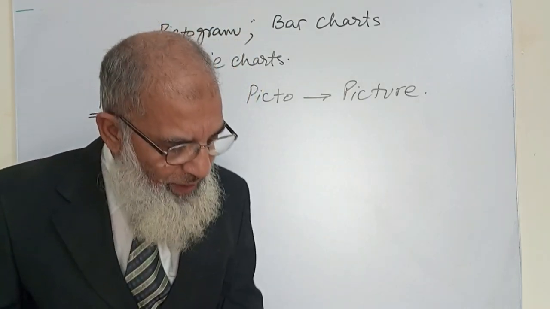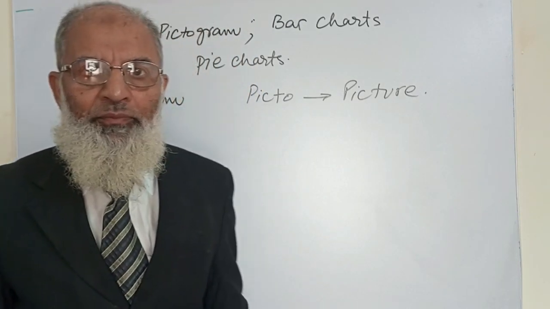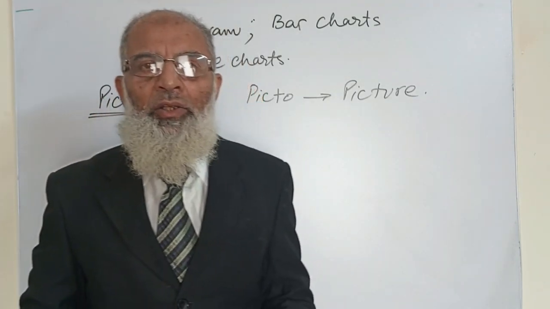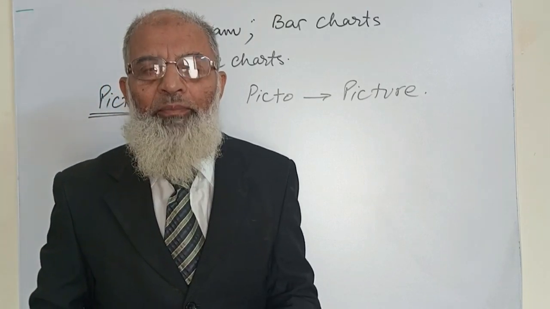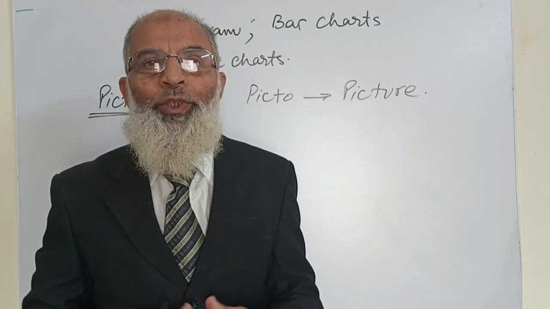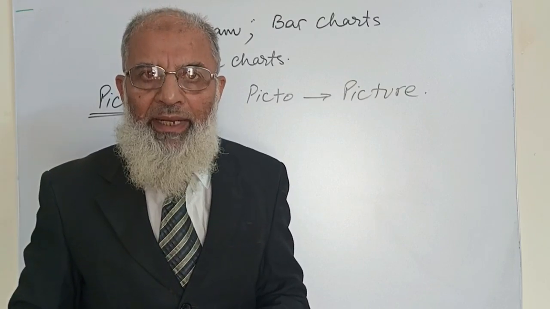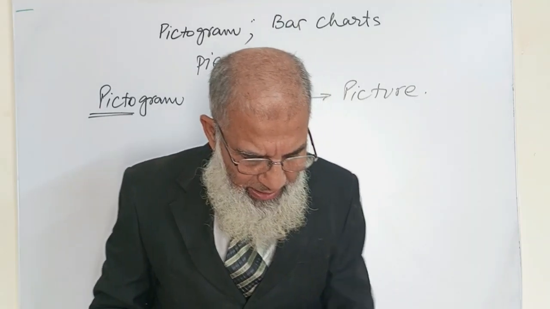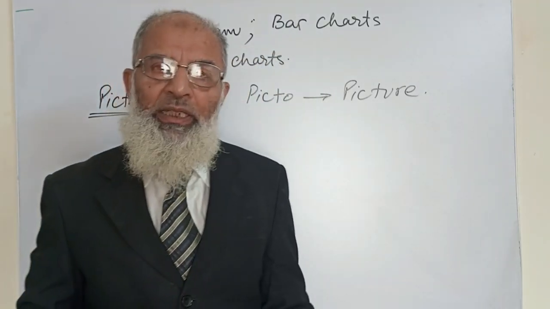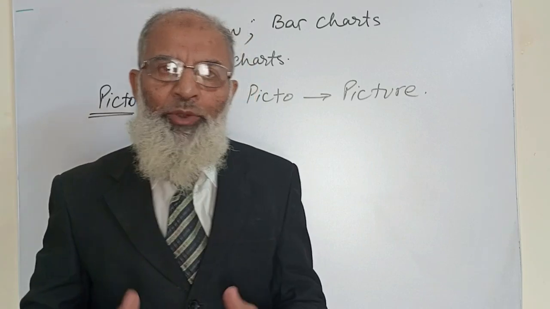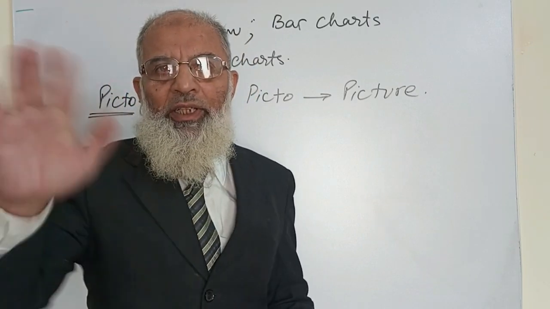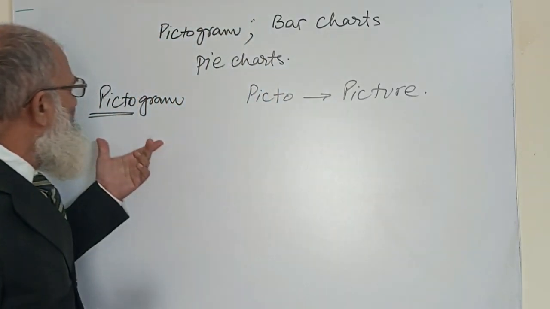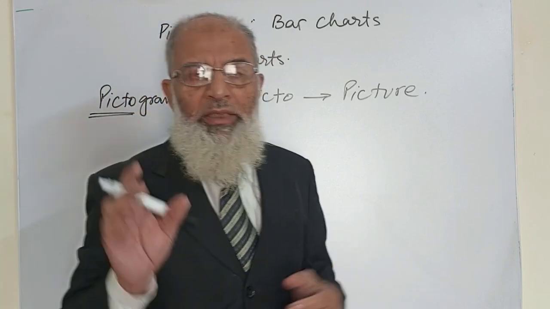There are some pictures in this chart or diagram, and the reason to display the data in the chart is to know the trend of your data. You can easily and quickly jump to the inference of what the trend of that data is. So by pictogram, we take small pictures.